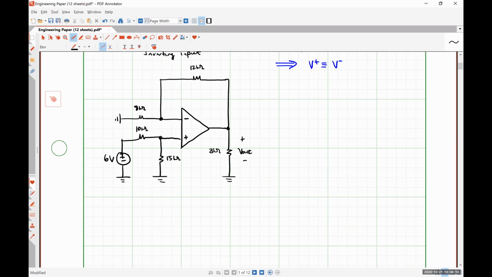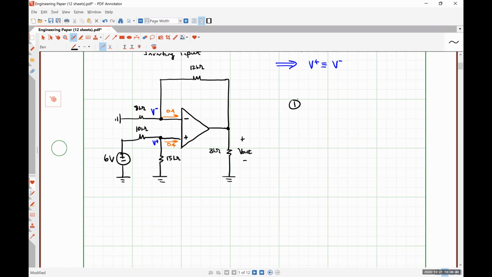It may look a little complicated, but we'll see pretty shortly that our analysis is actually going to be fairly trivial. If we apply rule number 1, we know that this current has to be 0 amps and this current has to be 0 amps. And applying rule number 2, whatever voltage we get here at the non-inverting input terminal has to be the exact same voltage we have present at the inverting input terminal. So our steps for analyzing these circuits are really just 2 simple steps.